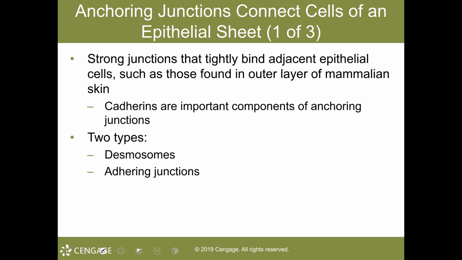Anchoring junctions ensure there's a continuous sheet of cells. So there are two types, desmosomes and the adherens junctions. I don't want to be here far too long, but desmosomes are kind of like spot welds. They allow those cells to be continuous strong sheets.